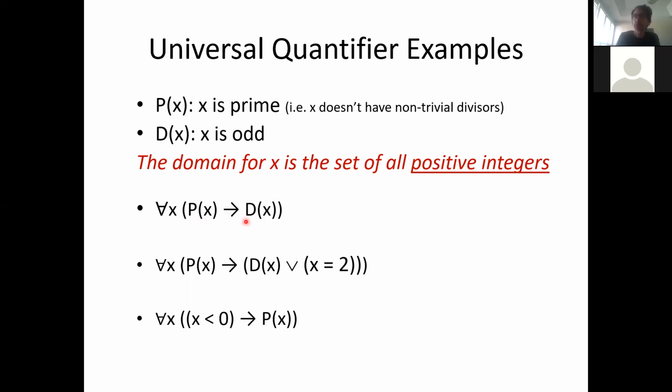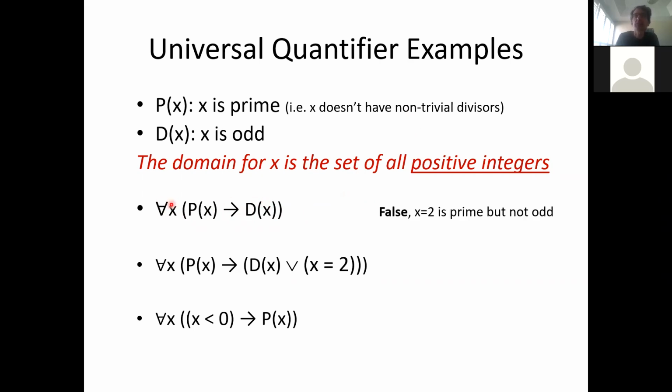Okay, so most primes are odd, right? Because if they are even, then they are divisible by 2, and that's a non-trivial factor. So 4 is not prime. It's divisible by 2. 6, 8, all even. Except 2 itself. 2 does not have non-trivial divisors. It is actually a prime, and 2 is not odd.